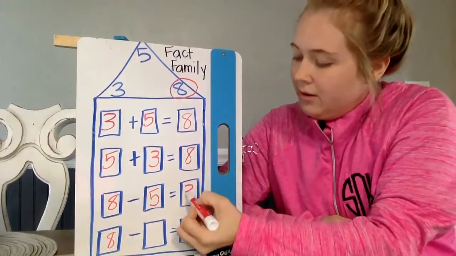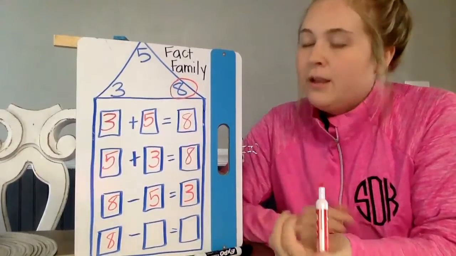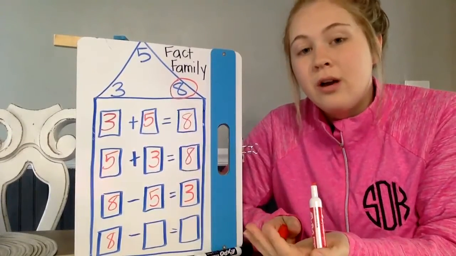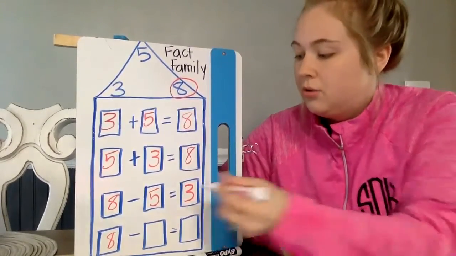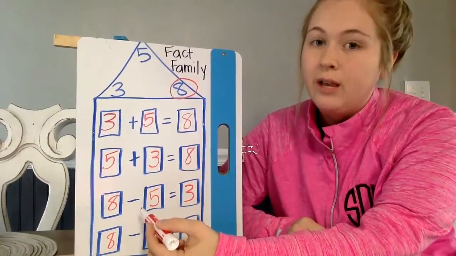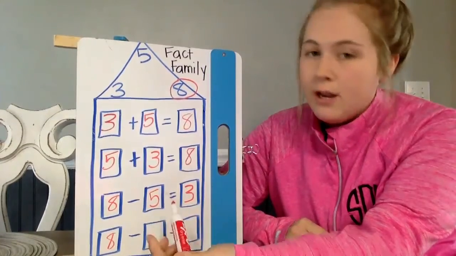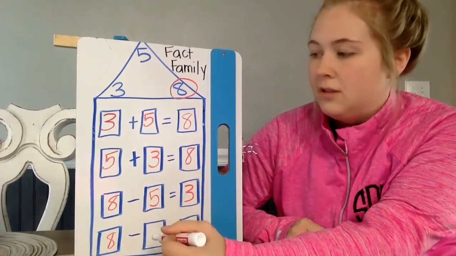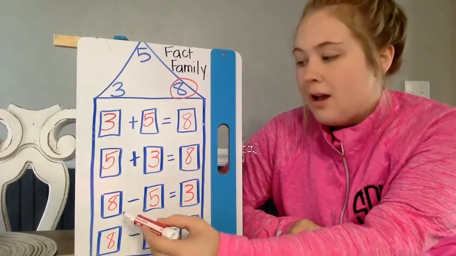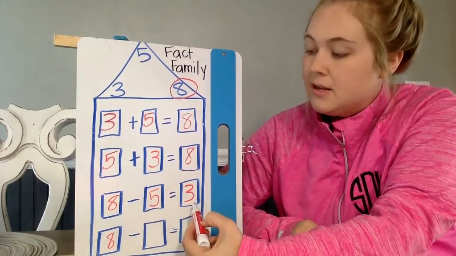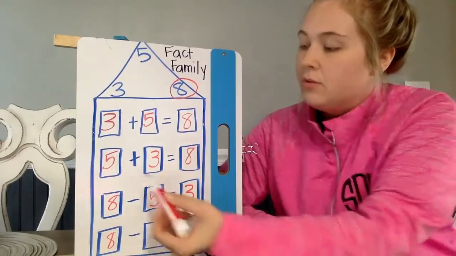A 3. Now, you may want to think about how you could draw counters. I want to check every equation here. So you may not have counters, but you can always draw some. So I'm going to show you that on the side to check this math sentence. 8 minus 5 equals 3.